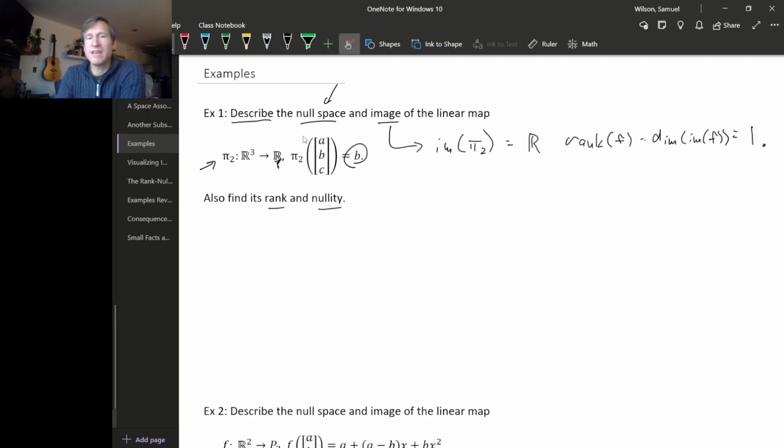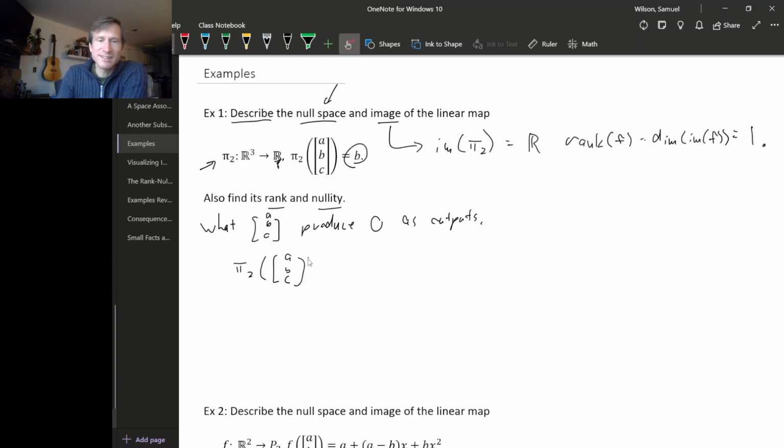Remember, the null space is everything that this linear transformation sends to 0. So we need to know what vectors a, b, c produce 0 as outputs. In general, we would need to write down the result of this transformation and then set this equal to 0.